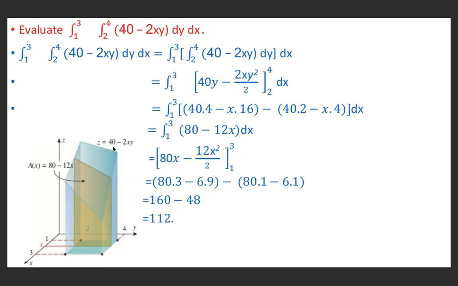This is the plane region, where y varies from 2 to 4 and x varies from 1 to 3, and this region is bounded above by the plane z equal to 40 minus 2xy.